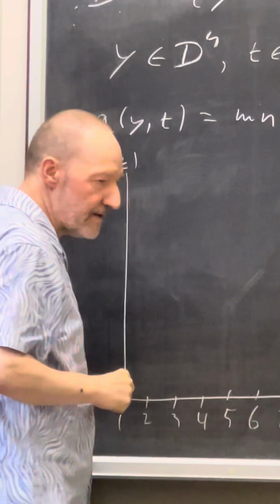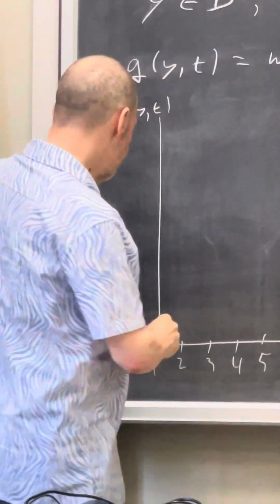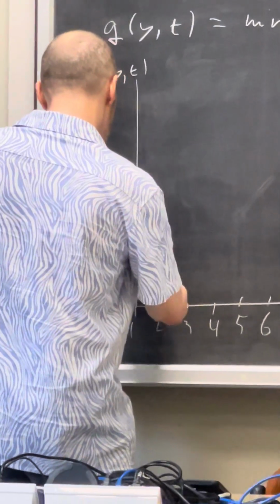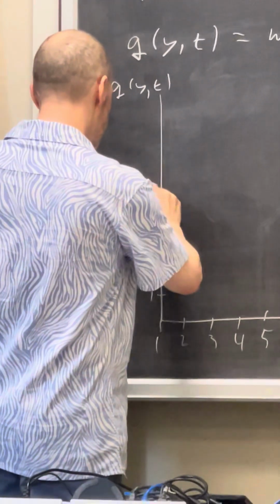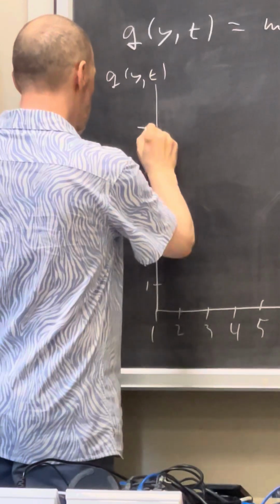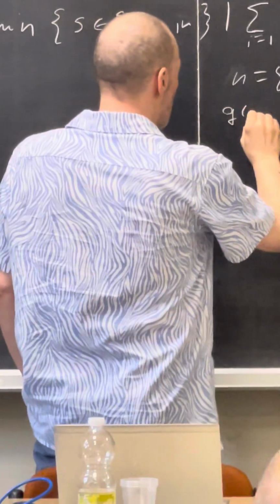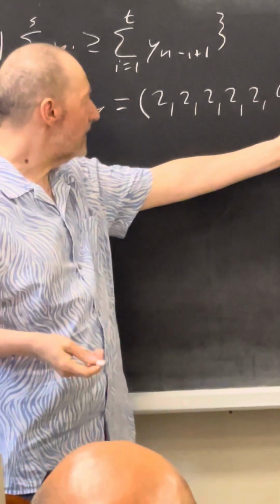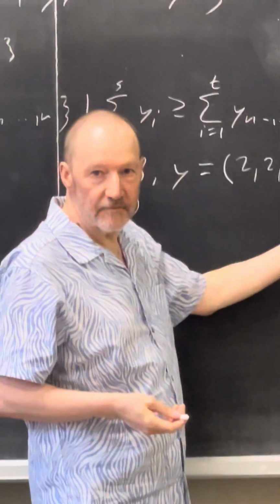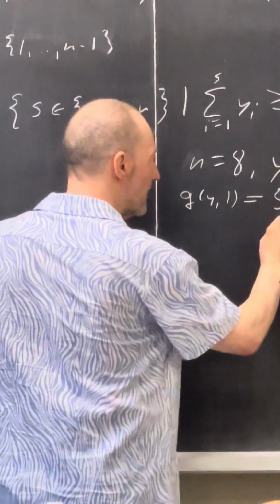And we plot against that the number of low wealth people we need to compensate. And that will in general go from 1 to 8. Alright, so if we just look at the wealthiest person with a wealth of 9, we need 5 of the low wealth people to compensate for that. So Q of y and 1 is 5.